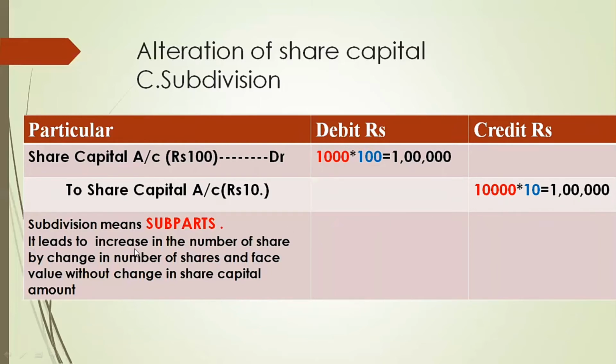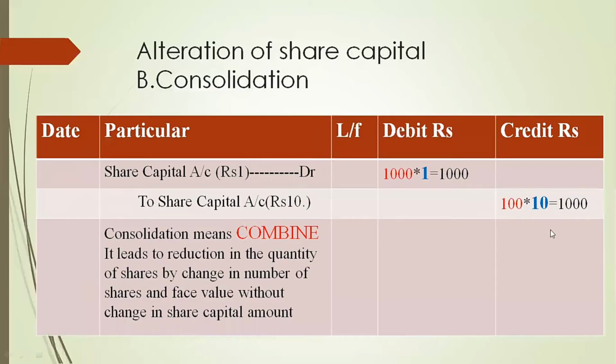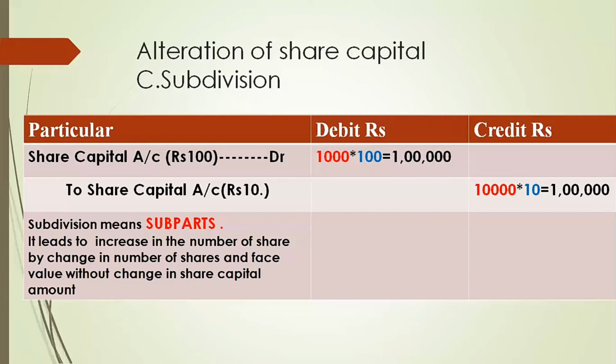So it leads to an increase in the number of shares. There is a change in the number of shares and a change in face value, but no change in the share capital amount. So consolidation and subdivision are opposite of each other. In consolidation, there is a decrease in the number of shares. In subdivision, there is an increase in the number of shares.